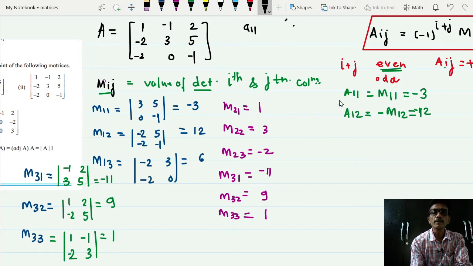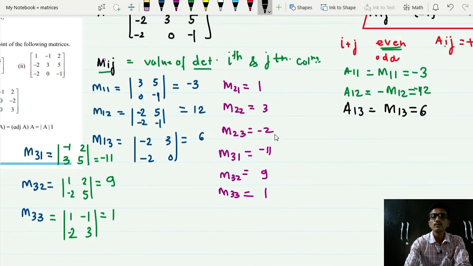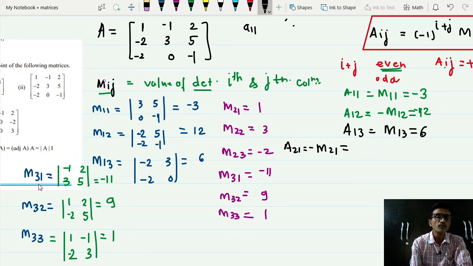Here A13 is equal to M13, which is equal to 6. Then A21 is equal to minus of M21. What is our M21? M21 is 1, so it will be negative.